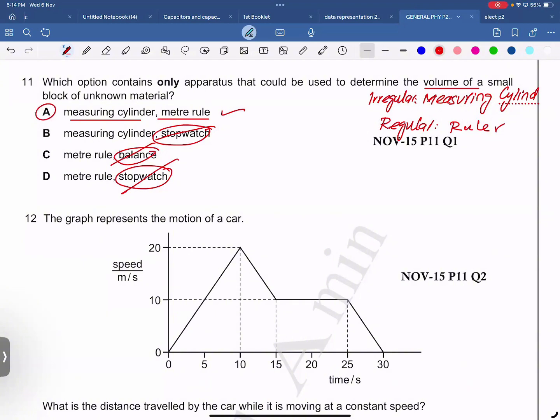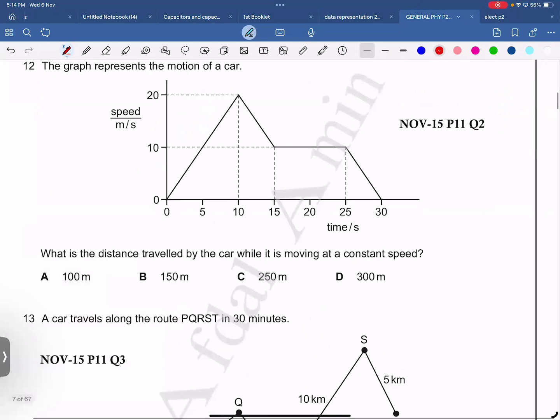Question number 12. The figure represents the motion graph of a car. What distance is traveled by the car while it is moving at constant speed? You need to identify where the constant speed is. So constant speed is this section. You need to find the distance traveled. Distance traveled is the area under the speed-time graph.